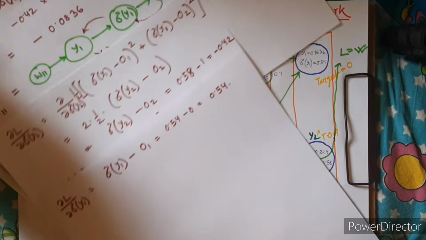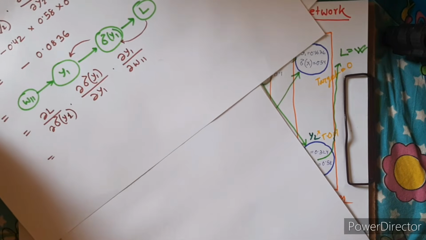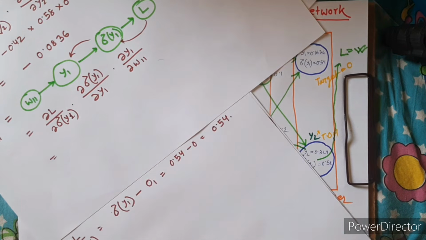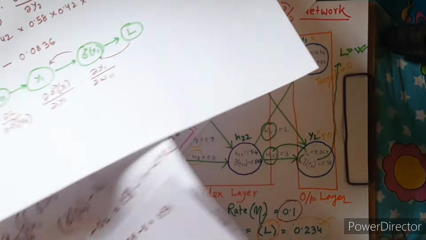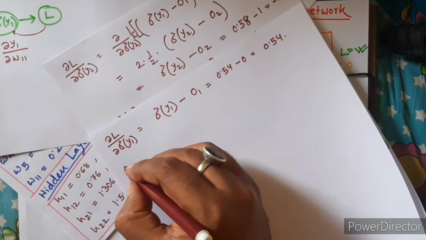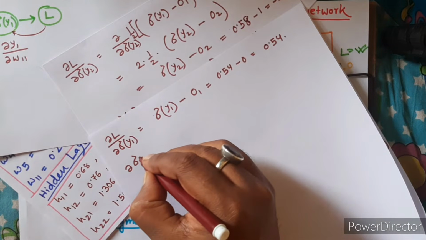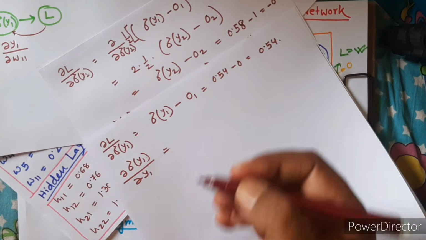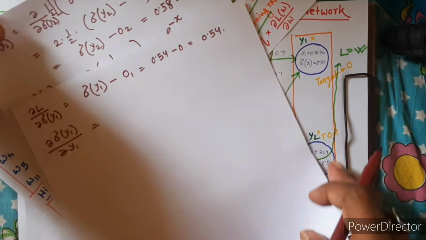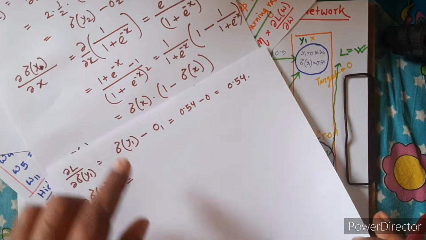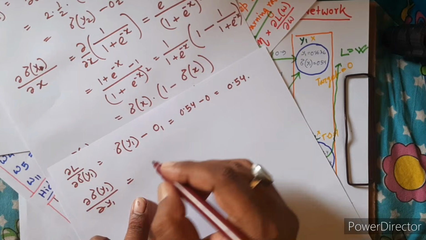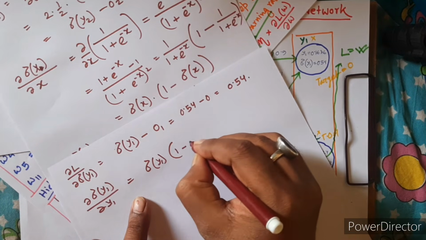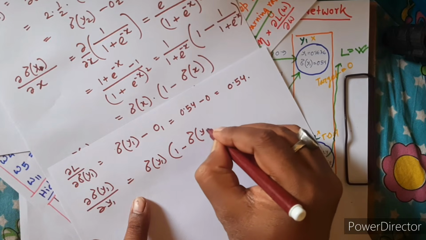Now the second one is delta sigma Y1 by delta Y1. Applying this derivative formula, you know that it will be sigma of Y1 into 1 minus sigma of Y1.